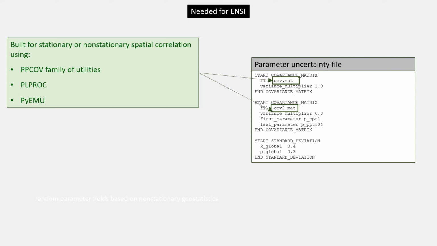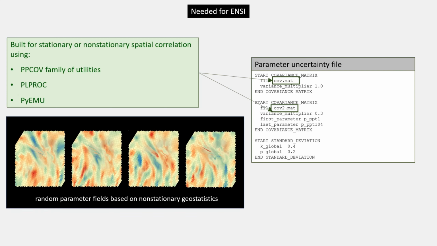PLPROC, the parameter preprocessor supplied with PEST, can create covariance matrices. Functionality is available through PyEmu. All of these packages allow you to base that covariance matrix on concepts of geostatistical stationarity or non-stationarity. Non-stationarity means that correlation lengths, correlation directions, and isotropies can vary in different parts of the model domain. This is just the subject of another video.